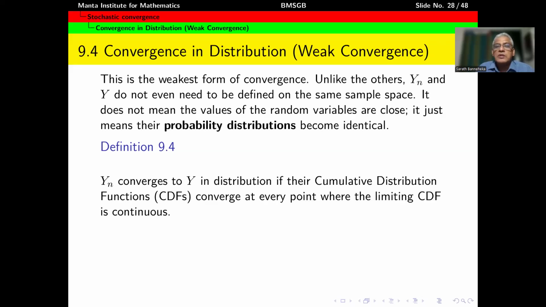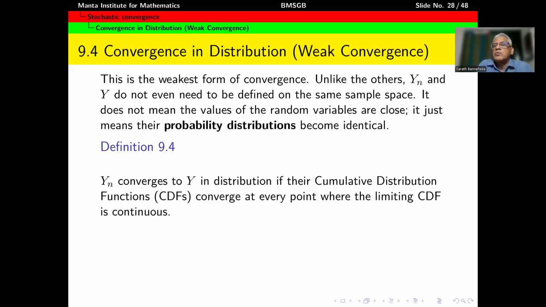Means we are going to consider the distribution of y1, distribution of y2, distribution of y3, and so on, and see whether those distributions are converging to the distribution of y, right?